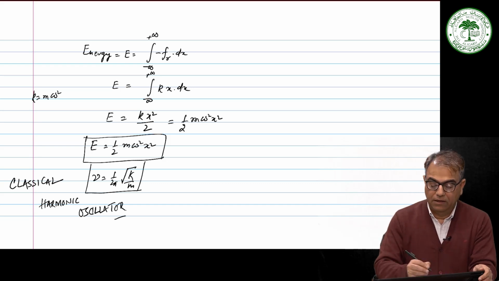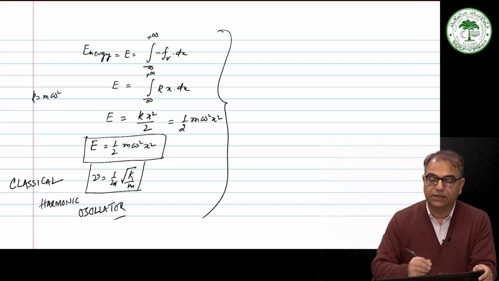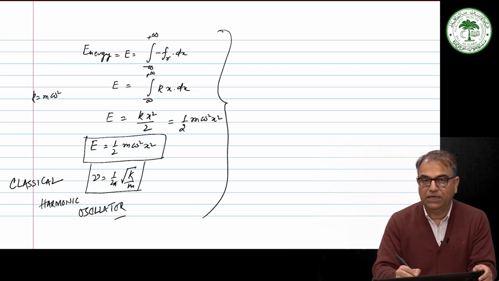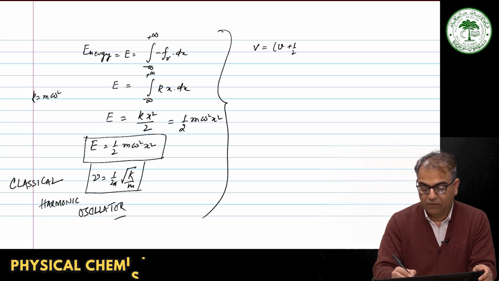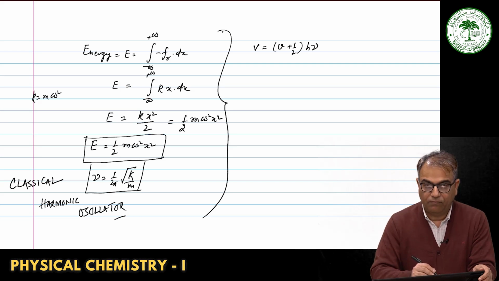Now, when you go for the quantum harmonic oscillator, the vibration energy which you get is v plus half into h nu. And I said that the relationship 2 pi nu is equal to omega.